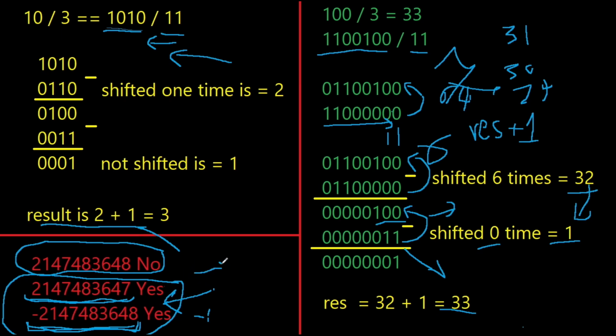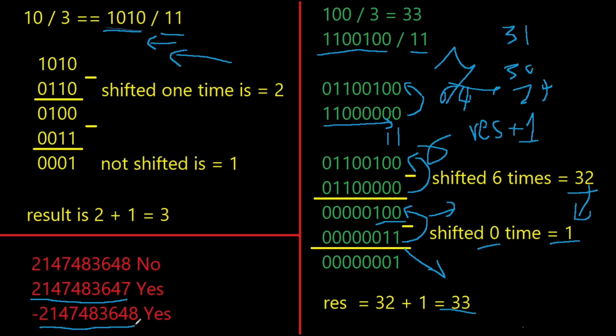When we convert it to absolute, the problem is Python is not a 32-bit signed integer, so we can convert this one to positive without any problem, and the solution will work. But if we try it in another environment that cannot accept this number as positive, the solution will not work.